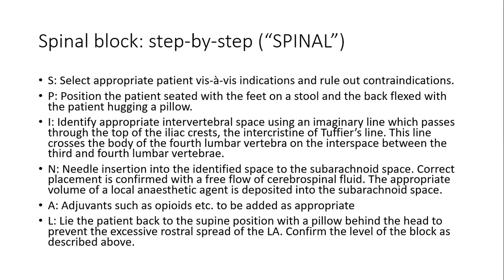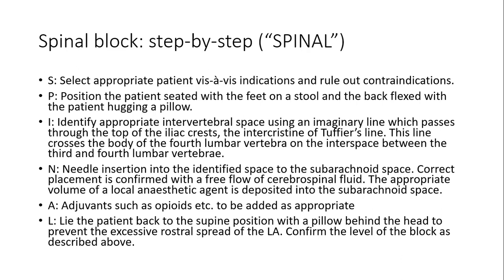And needle insertion. After you identify the space you want to insert your needle, you do so in a professional, controlled fashion. And how do you assess for correct placement of your needle? When you see a free flow, a backflow of cerebrospinal fluid, all right? It must be free flow, must be continuous, all right?